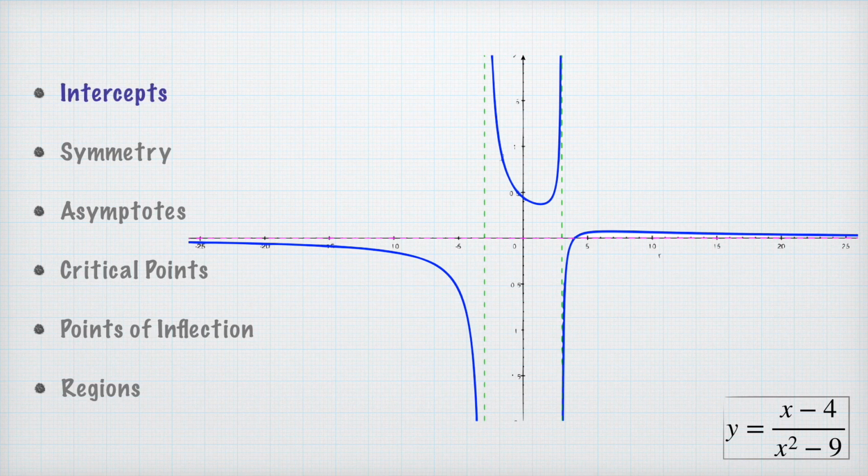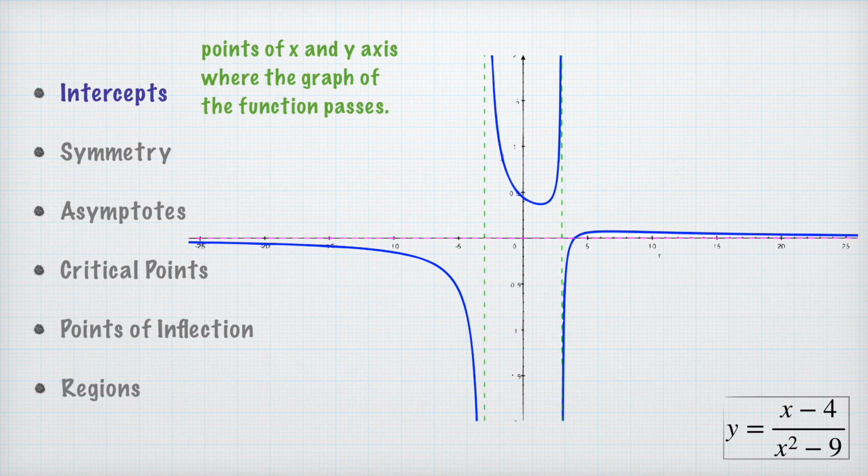First is the intercept. Intercepts are points on the x and y axis where the graph of the function passes. So if we're going to look at the graph of the given function here, and we're going to locate the x-intercept and the y-intercept, here are their locations.